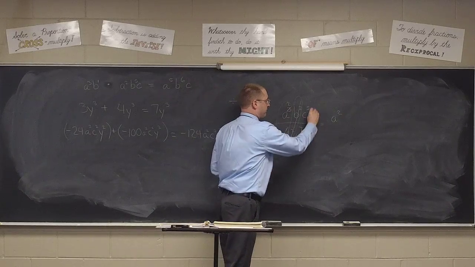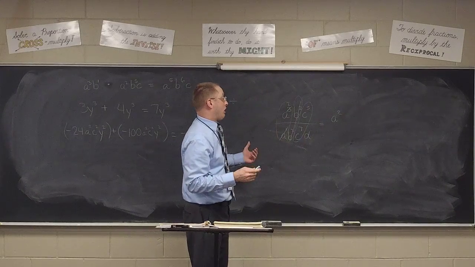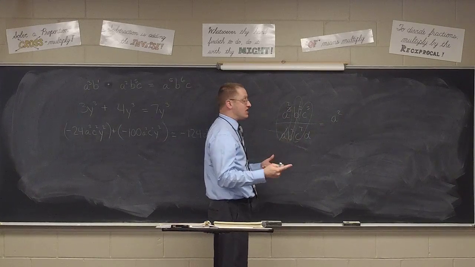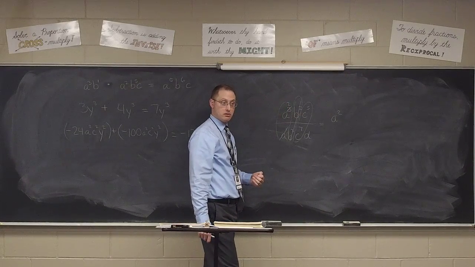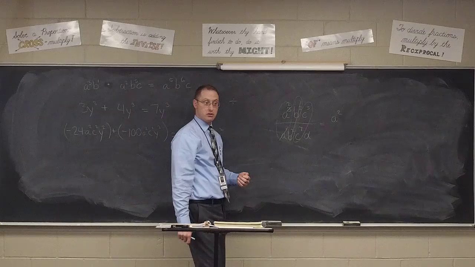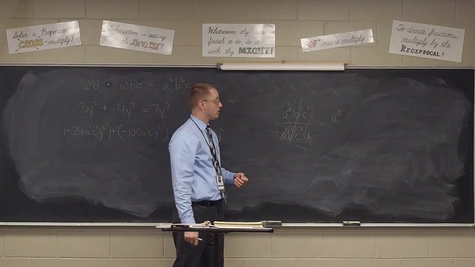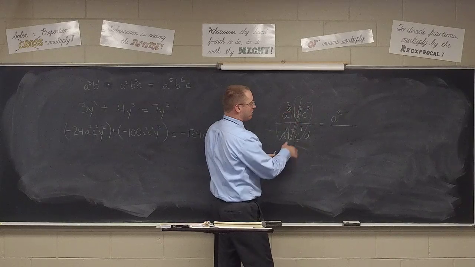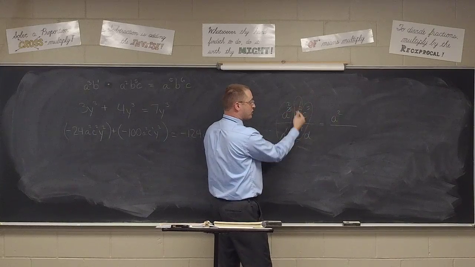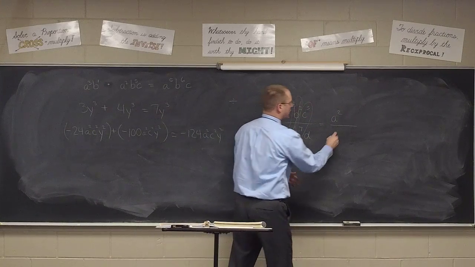Here I've got a c to the 5th and a c to the 7th. Essentially we could say how many c's cancel away in both cases. It would be 1 over c to the second. These 5 cancel with 5 of the 7, but there's still 2 left right here. So we're left with a c squared.